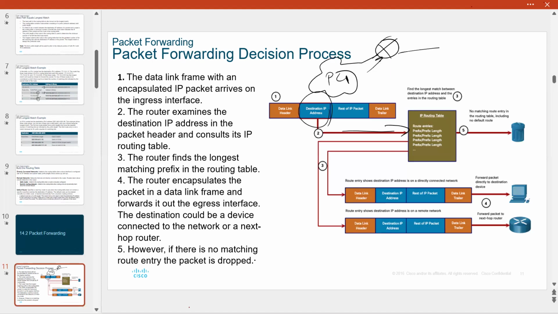Yobva yanomecheswa kurouting table. Yamecheswa kurouting table. Kana kusina match, it gets dropped. Kana kune match, iro rakunoencapsulatewa. Match yawanikwa rakuencapsulatewa again kuti ribude murouter via the egress riende destination yayo or the next hop address. That is the next route. Just depending nekuti the next network or the destination yari kuenda ndeipi. And basically that is the forwarding process.